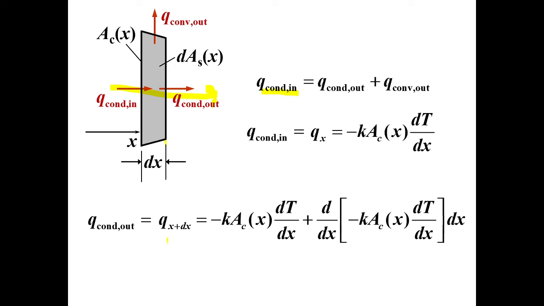So first from here to here, that is K A dT by dx, plus d by dx of minus K A dT by dx into dx, because here is a small part, or we can say a small region. So we use dx.